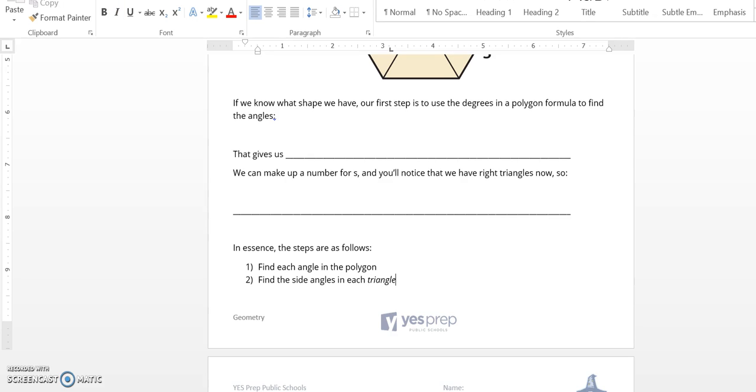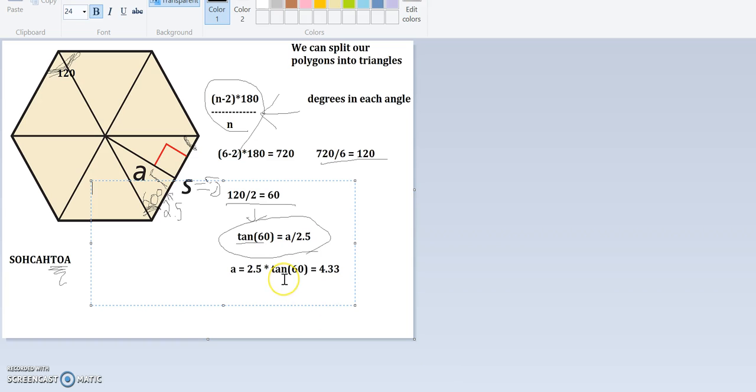Remember, we break it into triangles, and I need to find the base angles, I should say. Then once you've done that, you use trig. We're going to keep using the tangent ratio, almost the exact same process as we used over here.